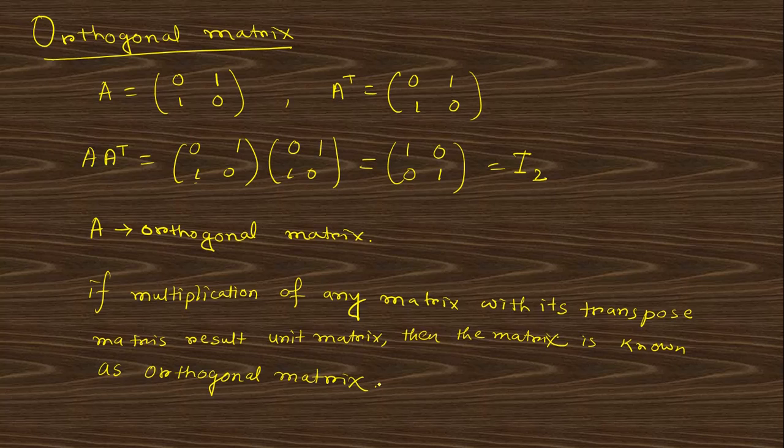Clear? I think clear. In the same manner, in the case of complex number related matrices, it is called the unitary matrix. What will be the unitary matrix?